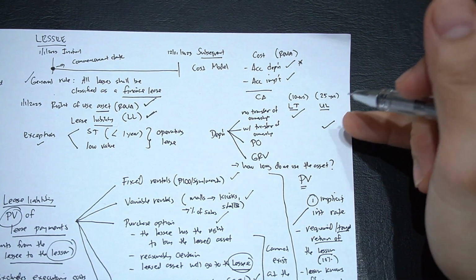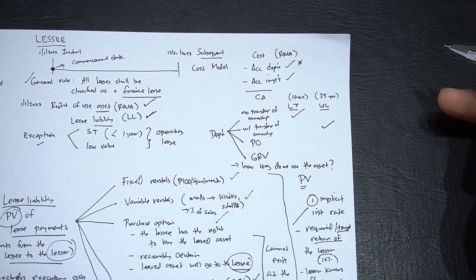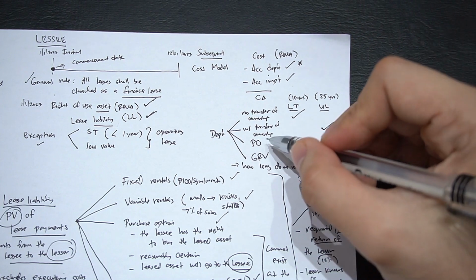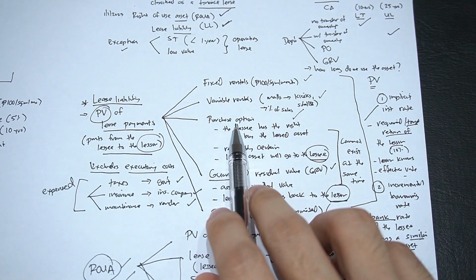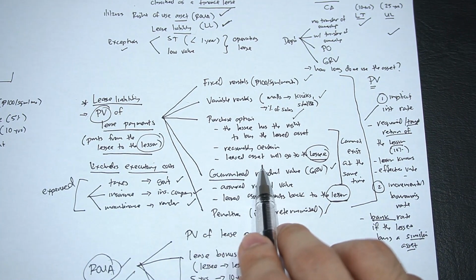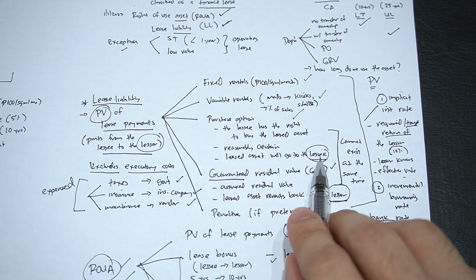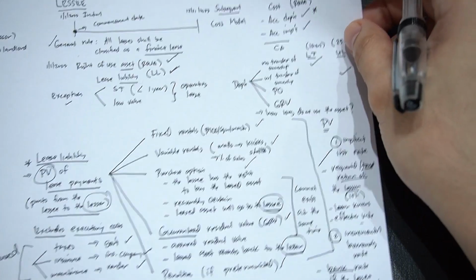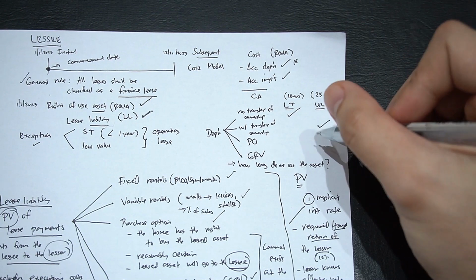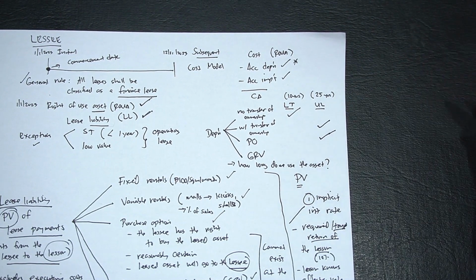So, ang gagamitin mo pang depreciate is the useful life of 25 years. Next scenario, purchase option. If you remember, ang ibig sabihin ng purchase option, yung leased asset, pwedeng bilhin ni lessee, therefore mapupunta sa kanya yung asset. Leased asset will go to the lessee. So, mapupunta sa iyo yung leased asset, ibig sabihin, magagamit mo siya for 25 years.